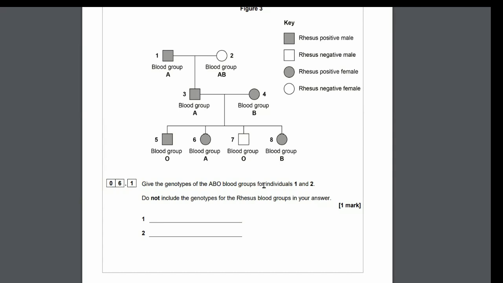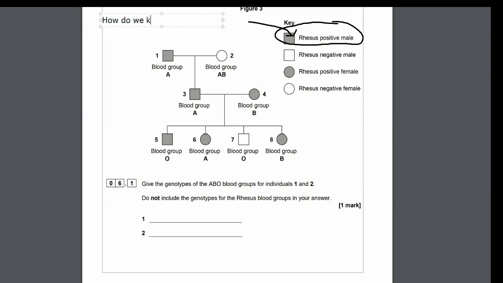If rhesus positive was lowercase r, then person 3 and 4 would be little r, little r, and little r, little r. And what does that mean? That this person circled here, this child, would also have to be little r, little r.